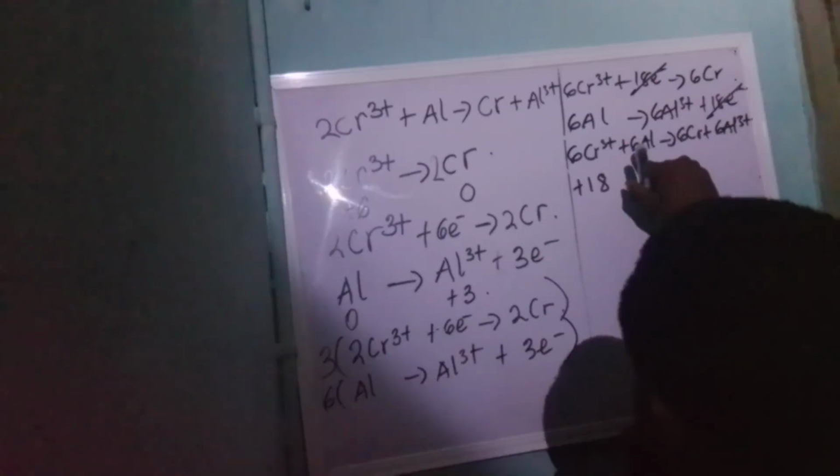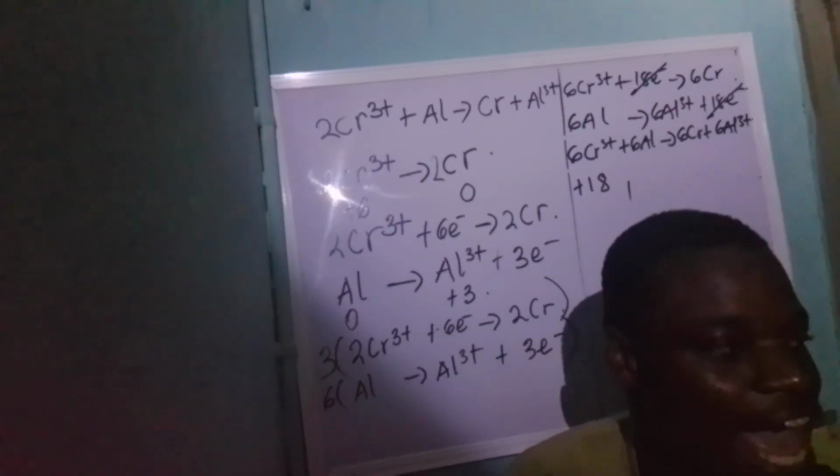Here I have 6Al, but aluminum carries no charge, so it is 0. 6 times 0 plus 0 on this side, so 18 plus 0 is 18 here. On the other side, 6 times 0 is 0, plus 6 times 3 is 18. 0 plus 18 is 18.